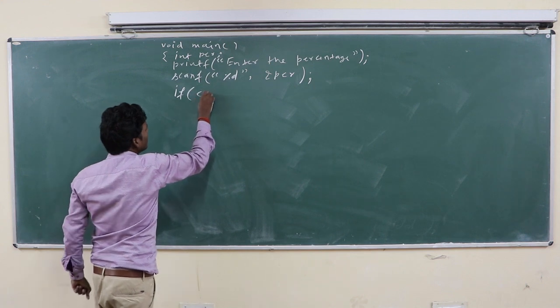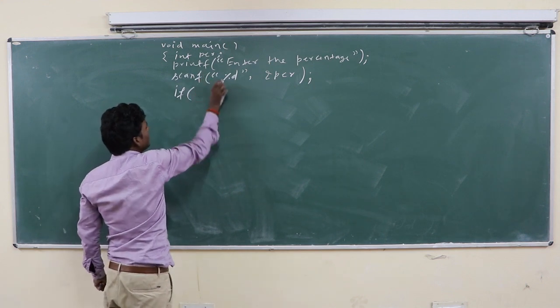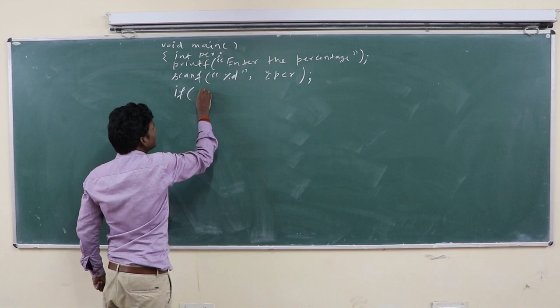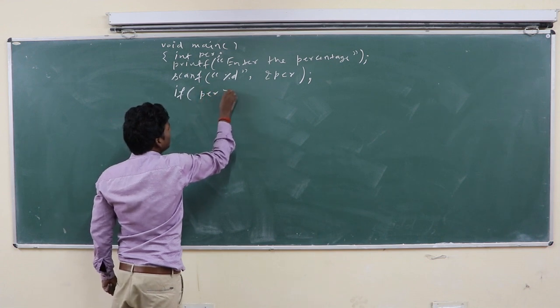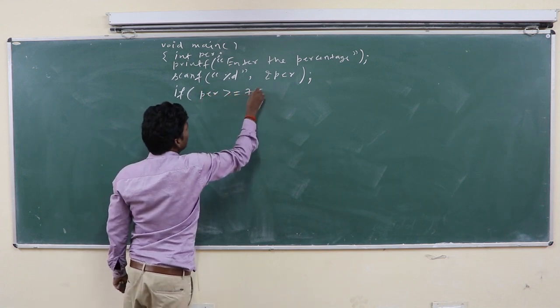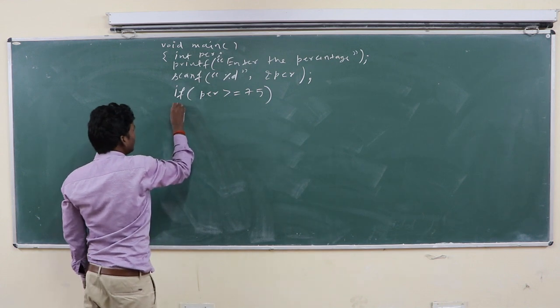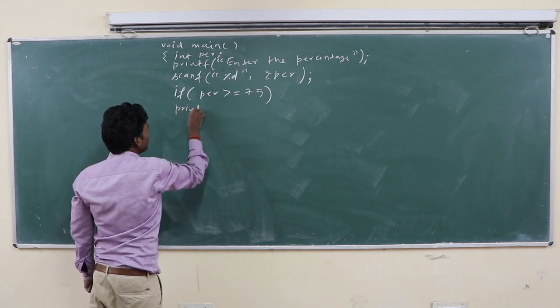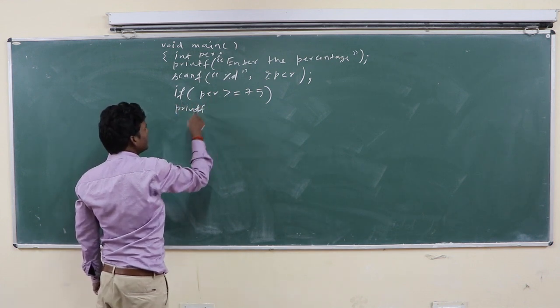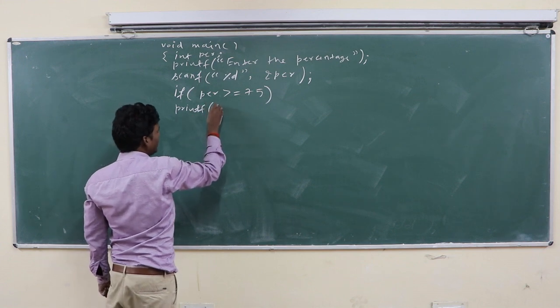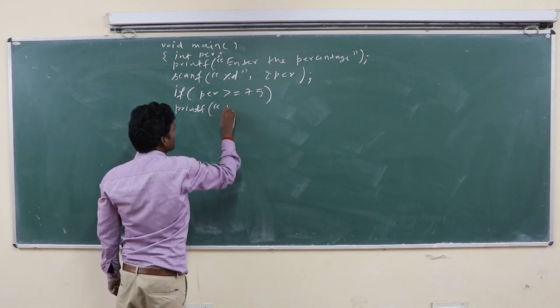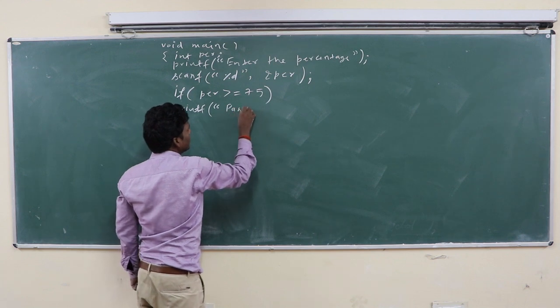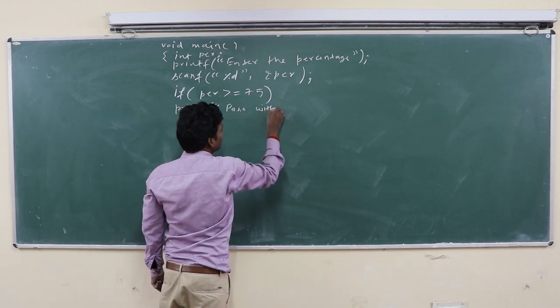So if PER is greater than or equal to 75, write here printf, that is the statement. In the if condition, printf is the statement here: pass with honor.